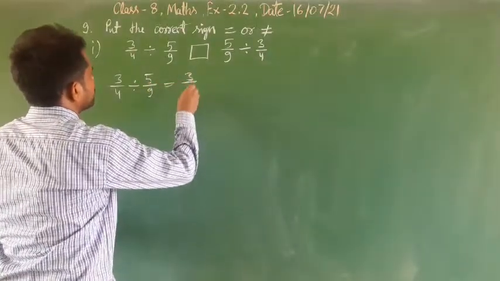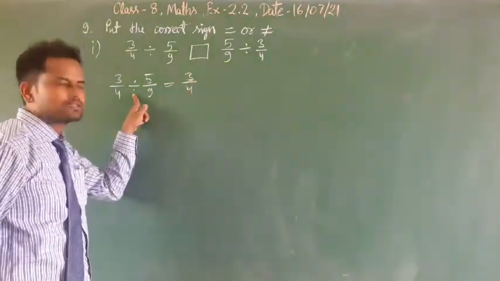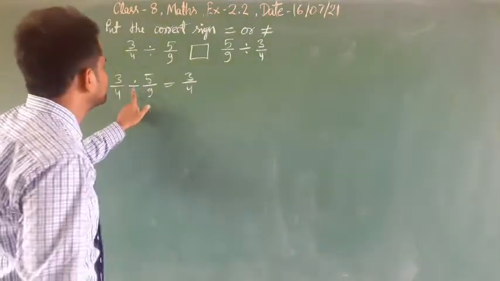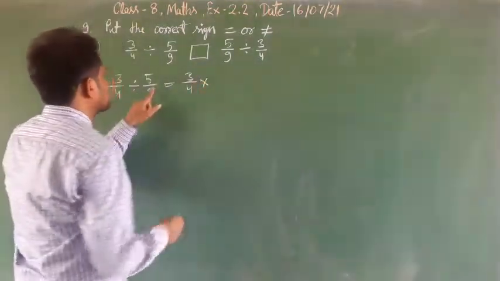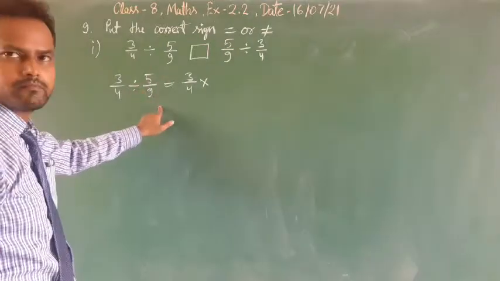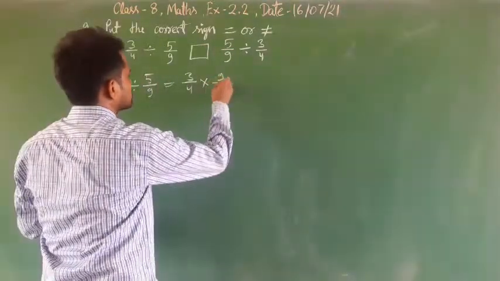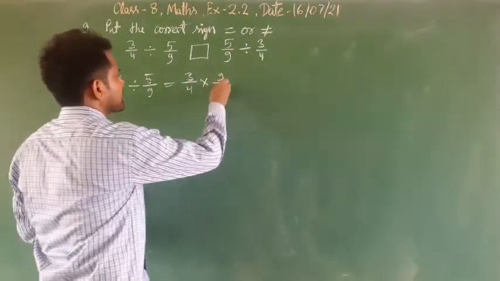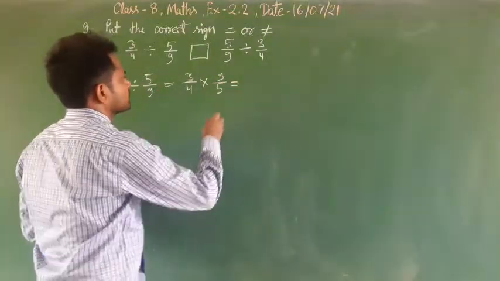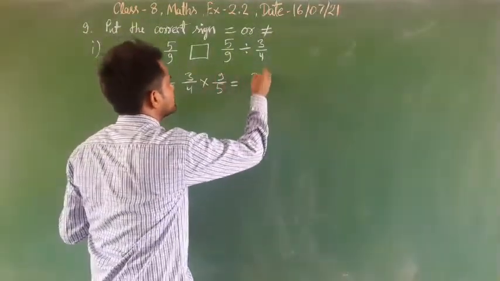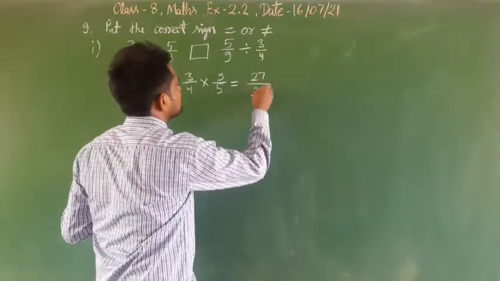3 by 4, if we change this divide sign into multiply, then this fraction becomes reciprocal. So reciprocal of 5 by 9, that is 9 by 5. Now 9 3s are 27 and 5 4s are 20.